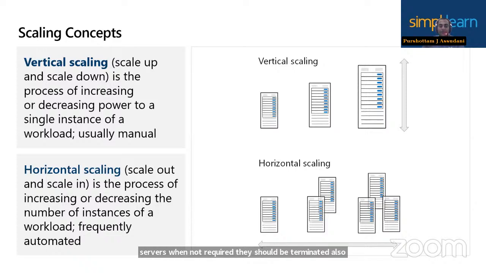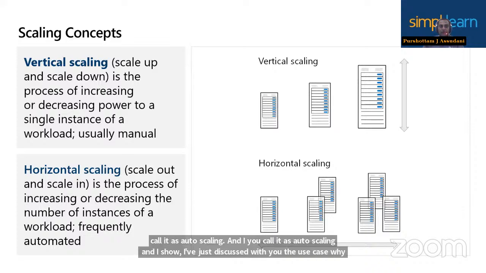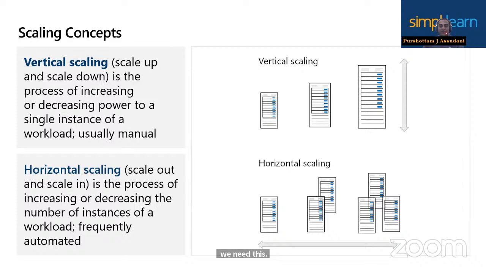That again can be done in an automated manner, and that is called auto scaling, guys. So automated horizontal scaling is what you call auto scaling. I've just discussed the use case for why we need this. And what is auto scaling? You increase or decrease the number of servers in an automated manner.